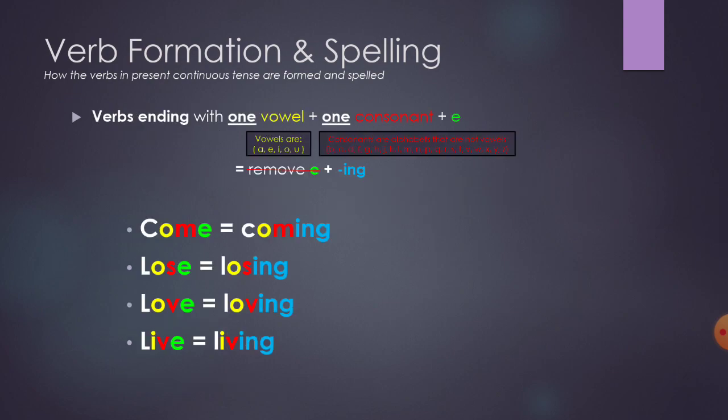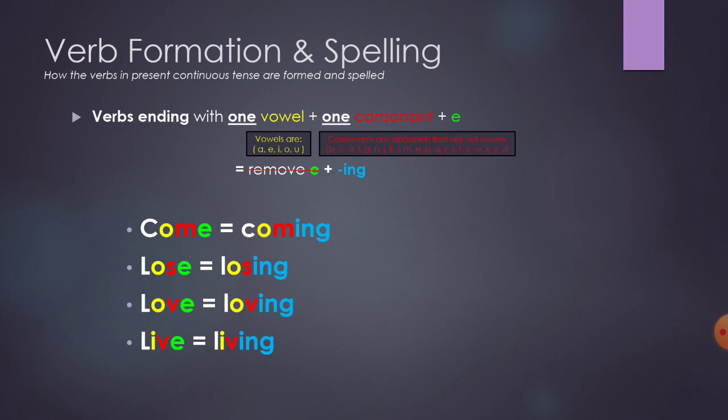Now moving on to the last variation, which are verbs ending with one vowel followed by one consonant and then followed by the letter E, in that order, okay? The difference between this variation and the last variation is we need to identify the last three letters of a verb as compared to only two letters in the second variation.